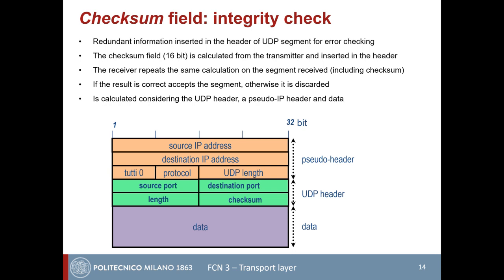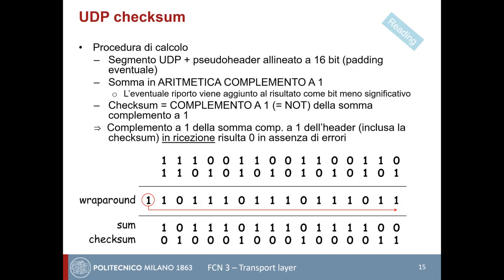And the operating system splits all these fields in blocks of 16 bits. So you have a sequence of binary numbers of 16 bits, and then they are summed one to the other. You use this very specific arithmetic that is called one's complement arithmetic.